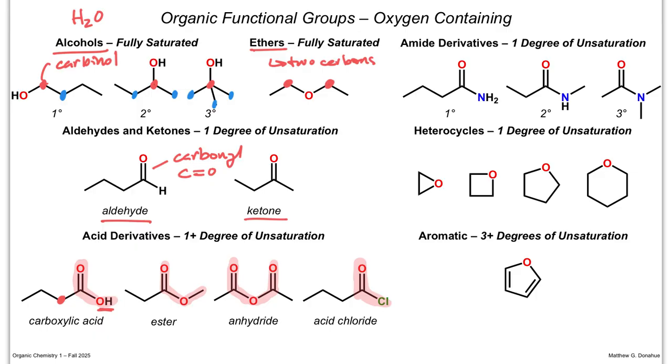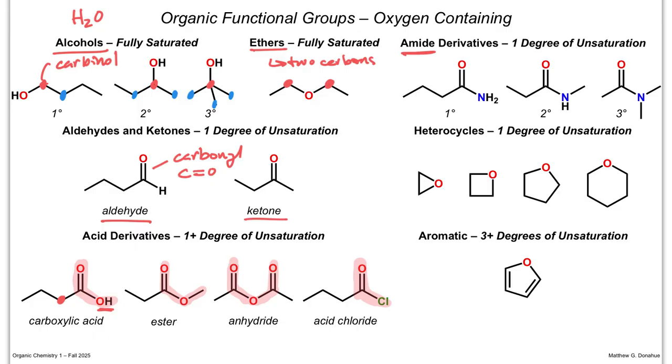So what if we put nitrogen on one side? So notice the name of these now. These make amides. So you have a carbonyl group that's then bonded to a nitrogen.